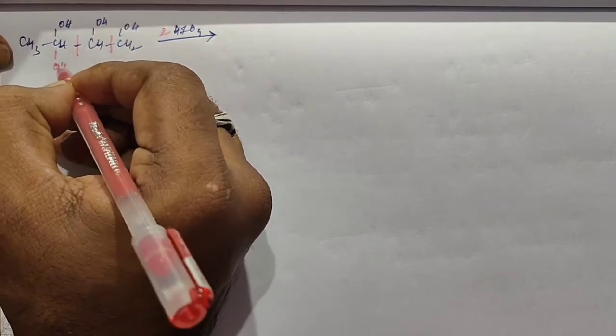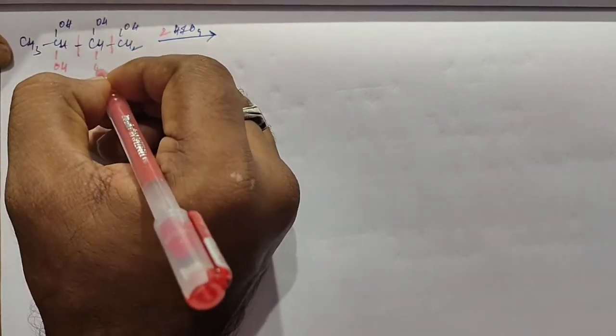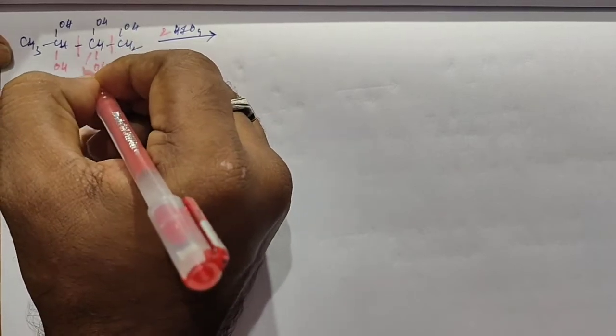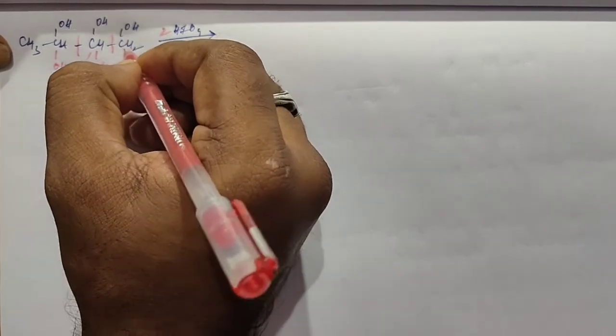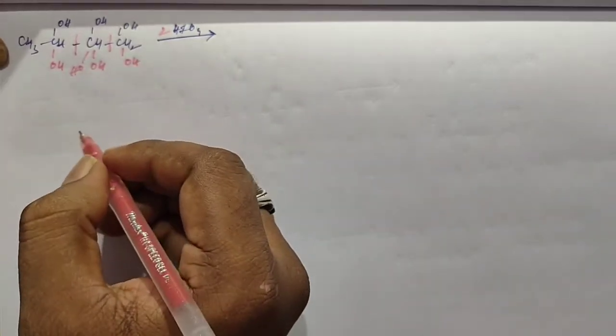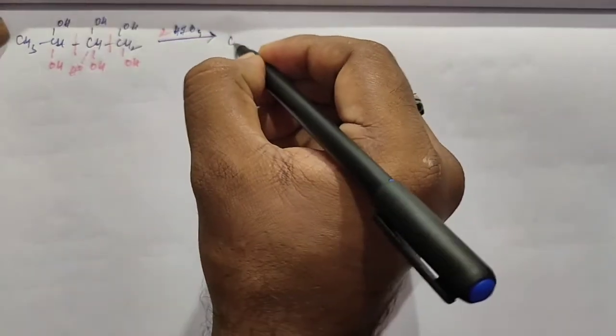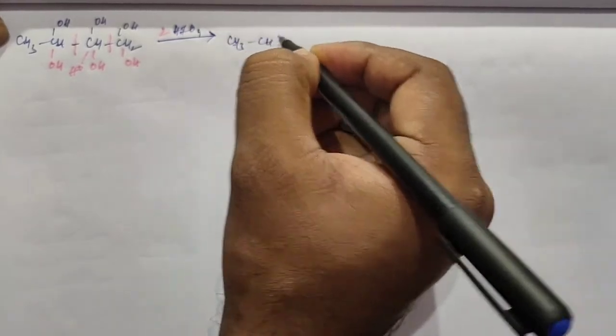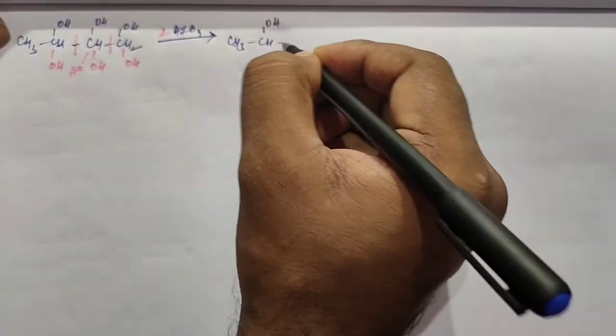After breakdown, this carbon lost one valency. It is satisfied by adding one OH group. This carbon can lose 2 valencies, which can be satisfied by adding 2 OH groups, and this carbon lost 1 valency, satisfied by adding 1 OH group. So finally we got the products like this. The first one is CH3 CH, OH and OH.